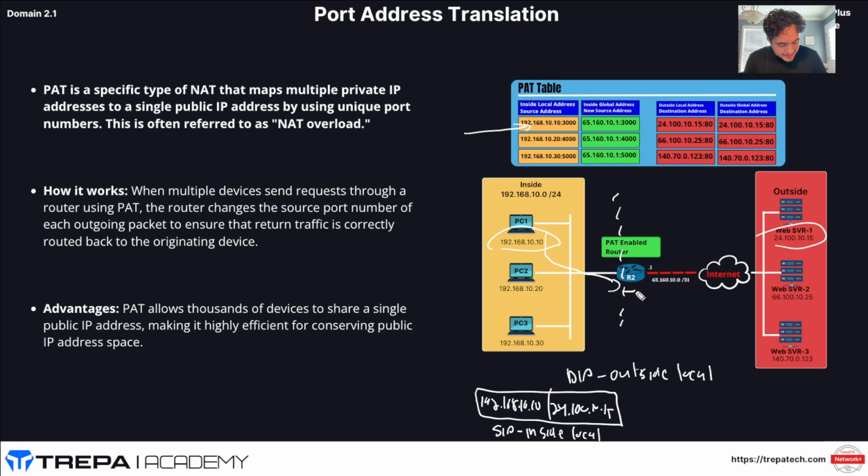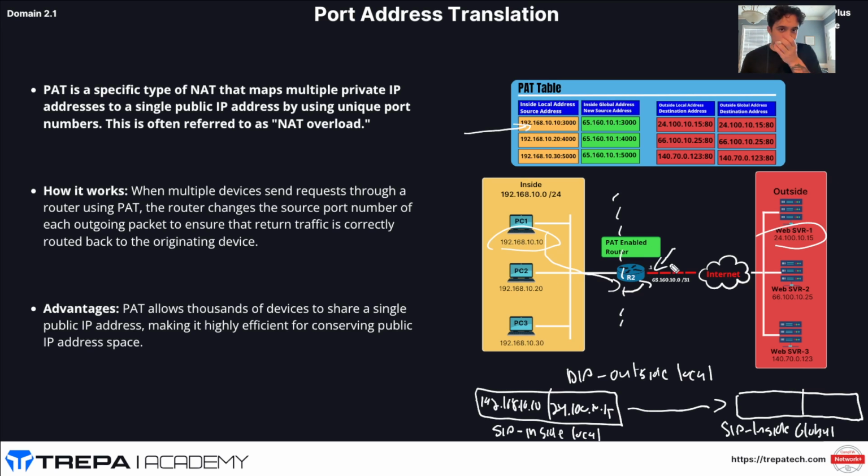And then once that packet reaches our outside interface, this is going to change. This is going to get translated. So now the source IP is going to be called the inside global. And that's going to be the public IP sitting here.